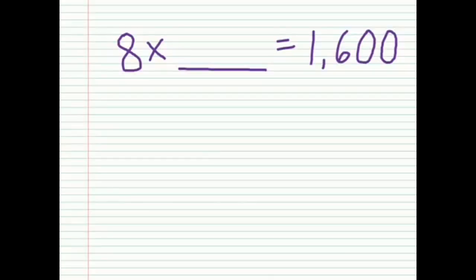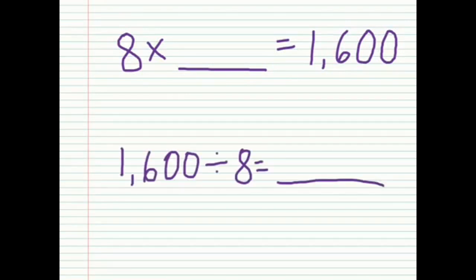I think you have the general idea of how this works, but let's just quickly take a look at some of the ways we practice our math facts. Here's a fact triangle we use, and this is part of Everyday Math Home Link 7.6 for 3rd grade. So 8 times what equals 1,600. You could also look at this with a division fact here.